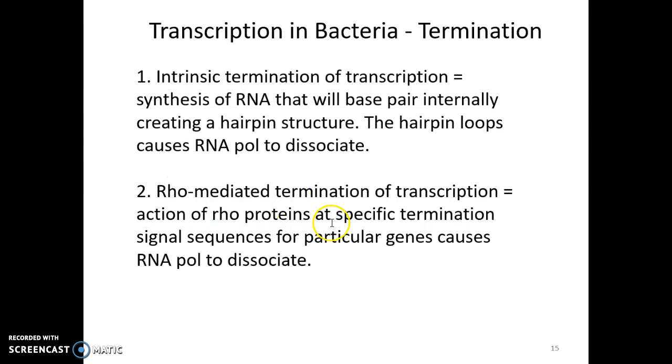And so these are proteins that will bind at specific sequences on the 5' end of a gene, at the end of a gene, like after the stop codon and in the 5' UTR. And so that is another way in which termination of transcription can occur in bacteria.